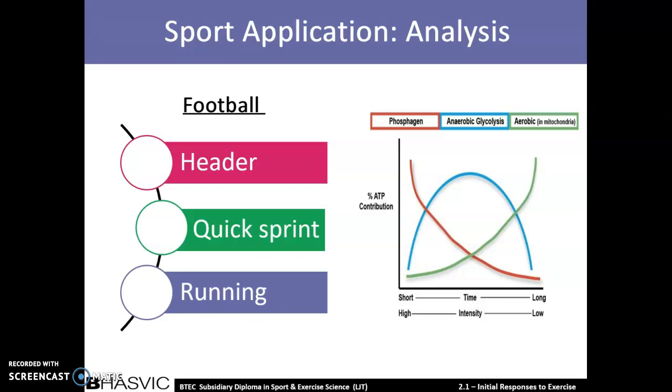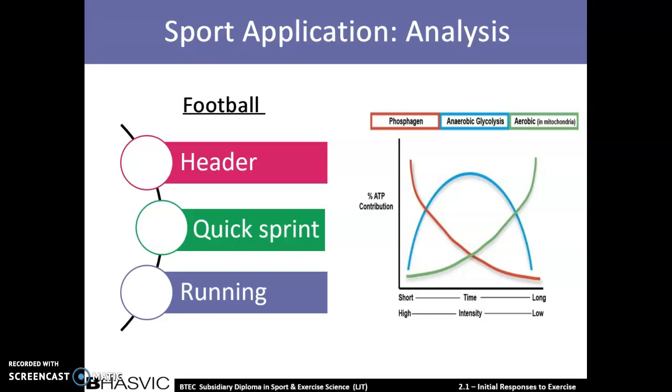However, running around the pitch in football is an aerobic type of activity. This is where the lactic acid system would then be used, as it is less than a minute but longer than 10 seconds. Because the lactic acid system has a larger fuel supply and doesn't burn as quickly, when running is occurring, this is why it's used.